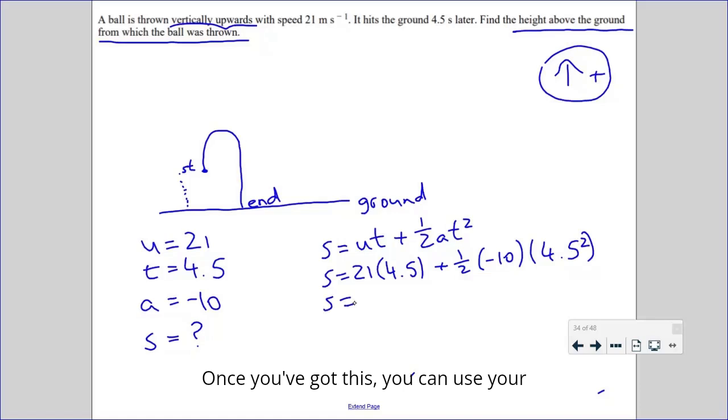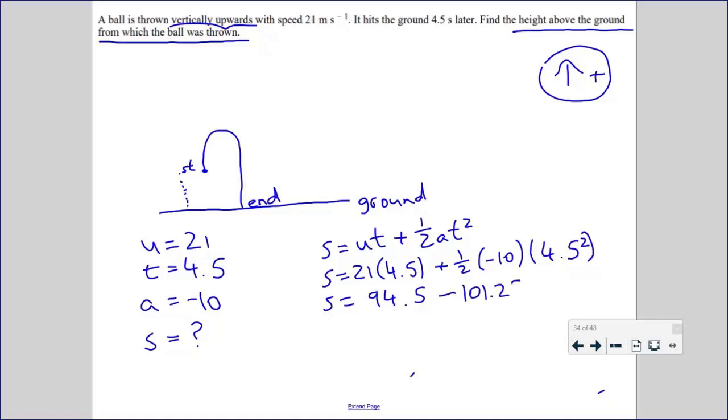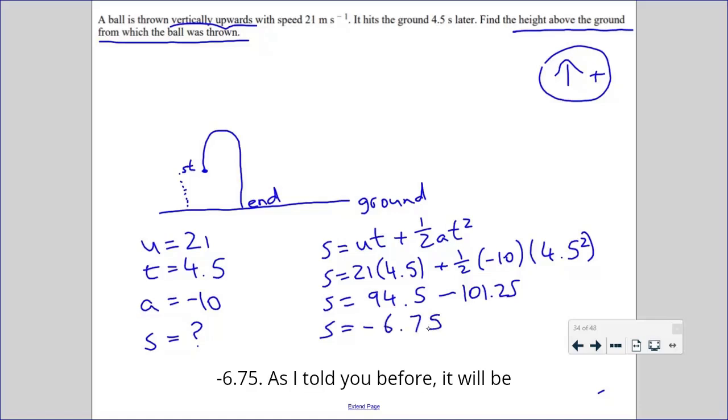Once you've got this, you can use your calculator. So we've got S, which is negative 6.75.